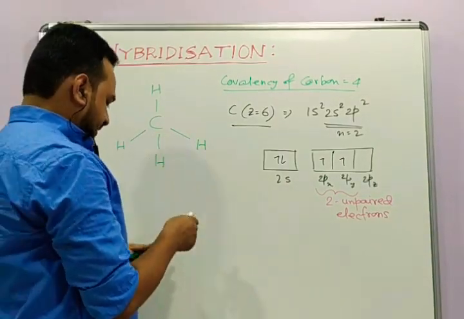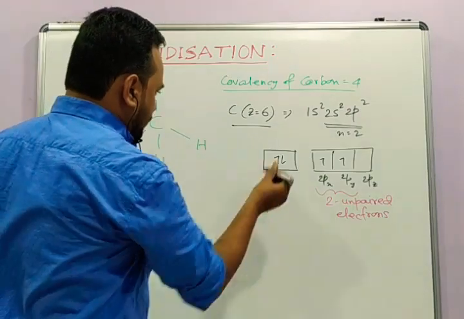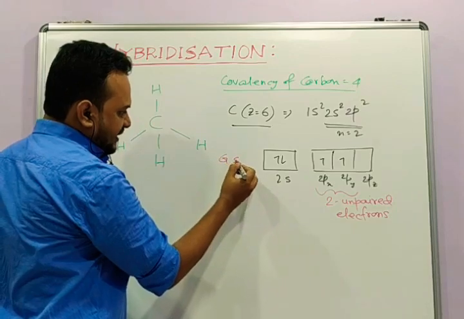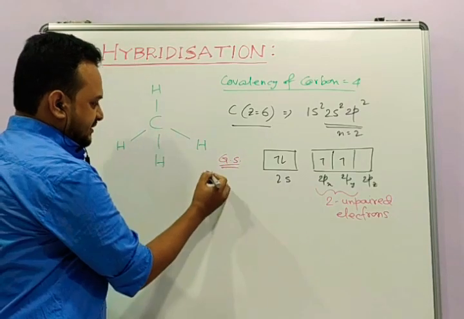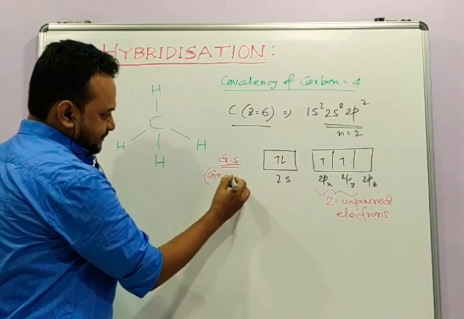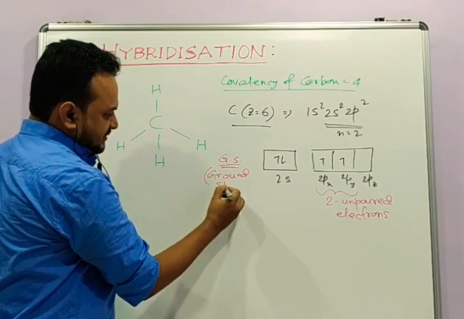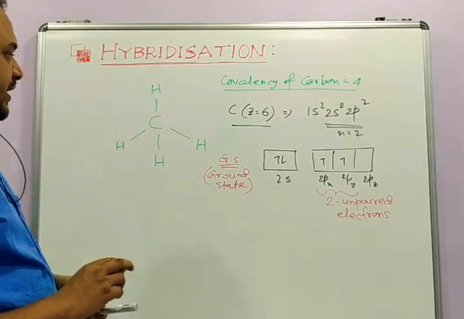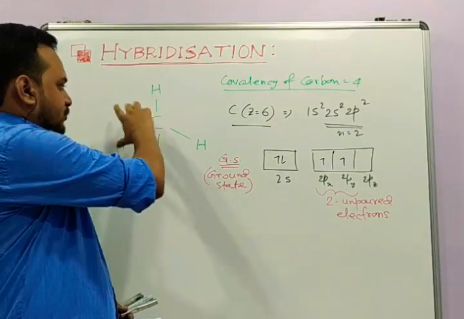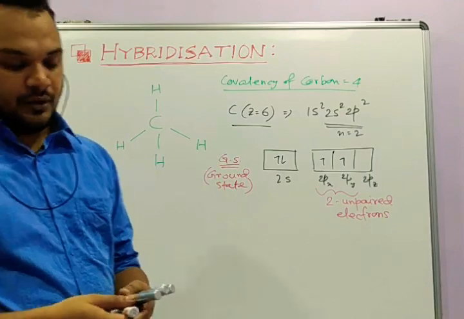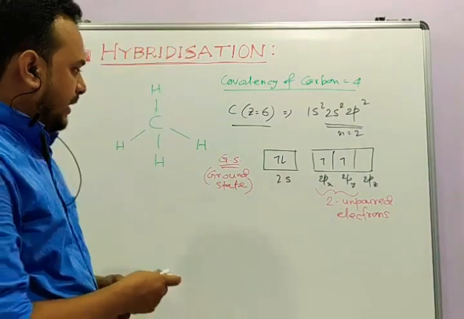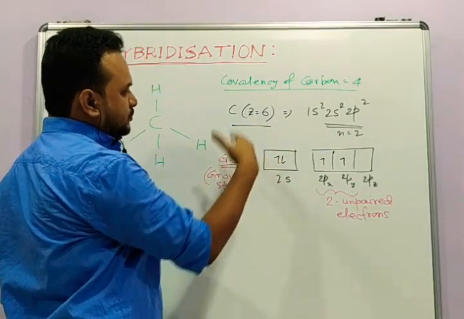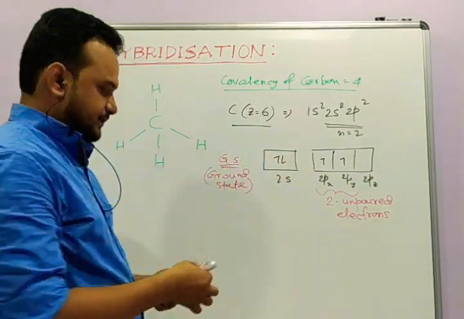Now, this is the electronic configuration of carbon when it is in the ground state, GS. GS means ground state. That is the stable elemental state of carbon. But when it makes bonds with hydrogen to give the methane molecule, what happens? Before making the bond, this carbon atom goes to an excited state.